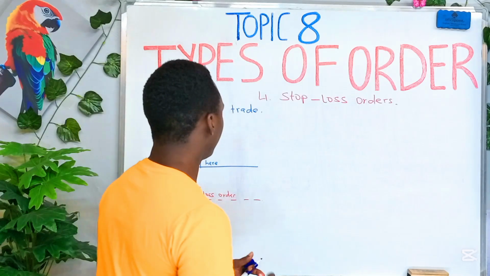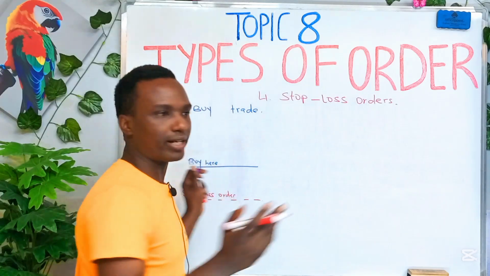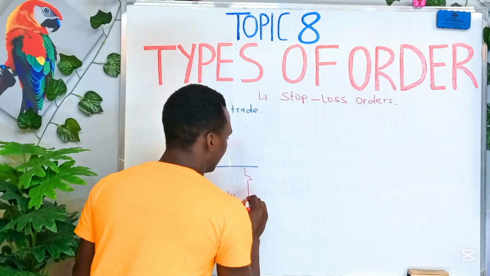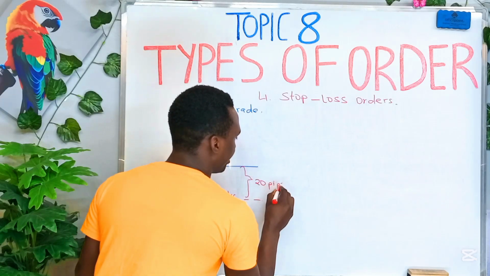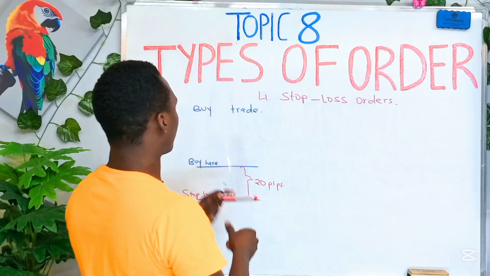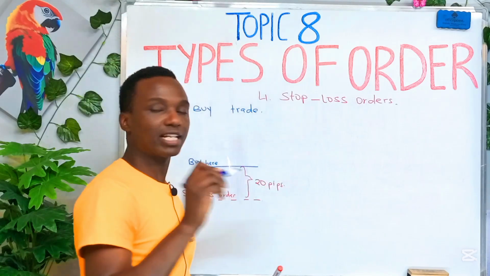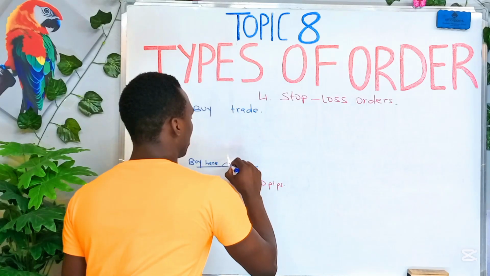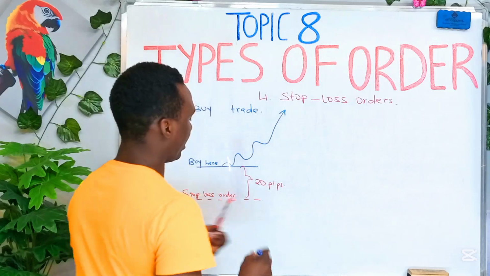In this case we may take a stop loss order of around, let's say, 20 pips. Remember, this was a buy trade. If the market moves in our favor, it will go like this, maybe.